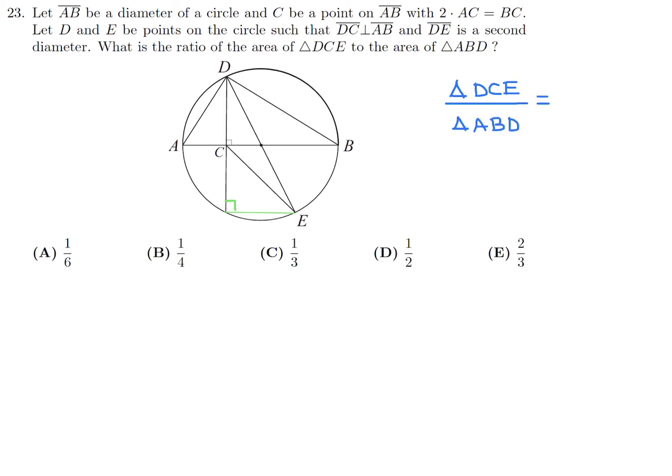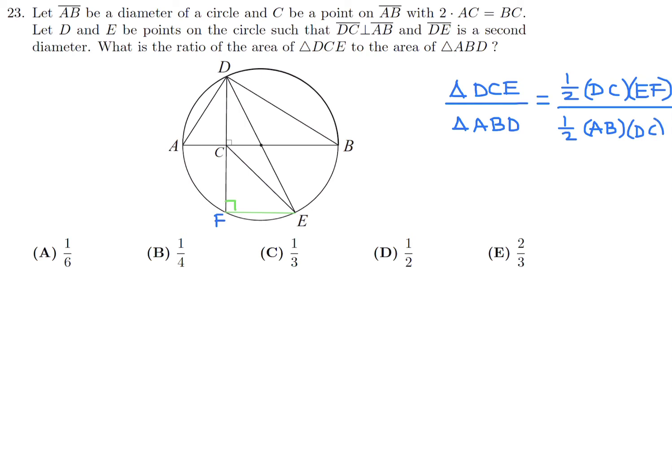Now DCE, 1/2 base times height, if I use this as the base and I use this as the height, I'll call this point F, so I'll call that EF. And then ABD, this is the base, so 1/2 AB, and I'll use this as the height DC.